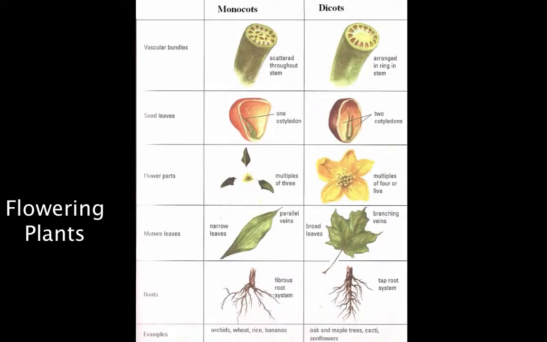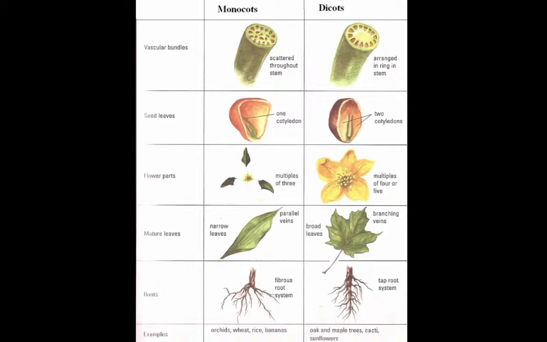Okay, so I was talking about angiosperms, or flowering plants. Flowering plants are divided into two different groups. I want to cover them now because when you start identifying plants outside, you're going to ask yourself: is this a fern? Is this an angiosperm, or flowering plant?